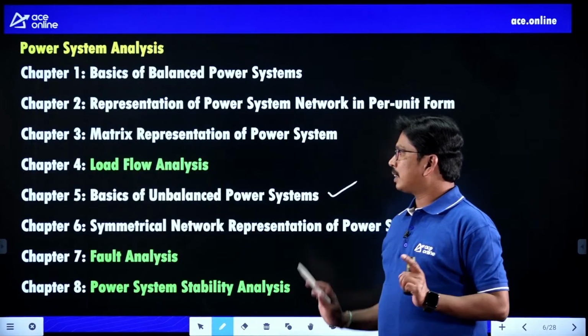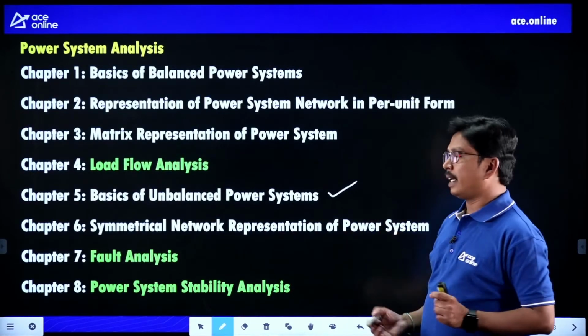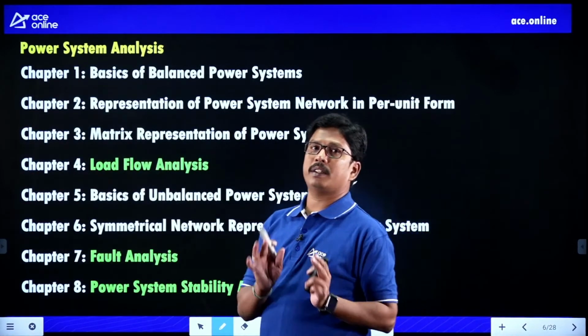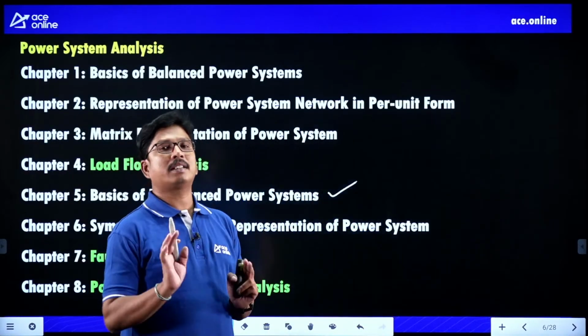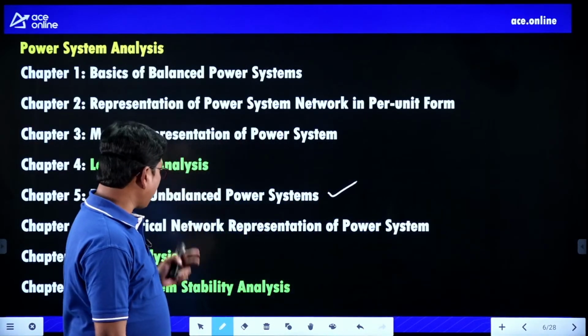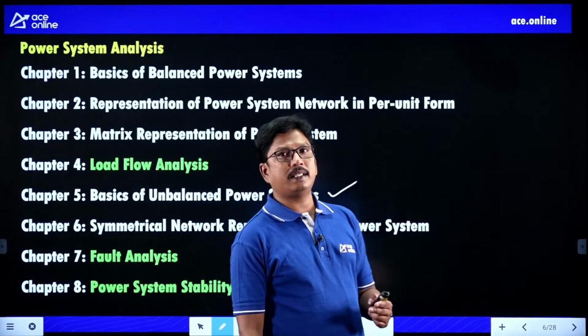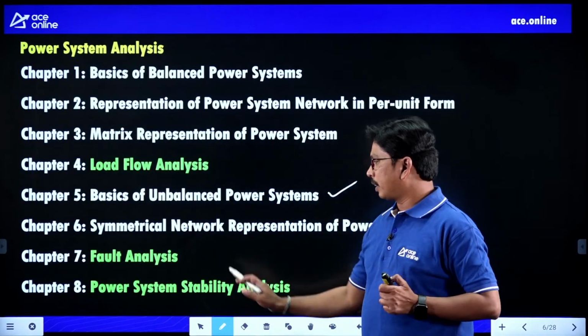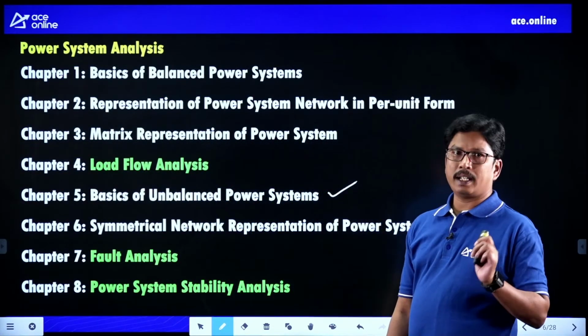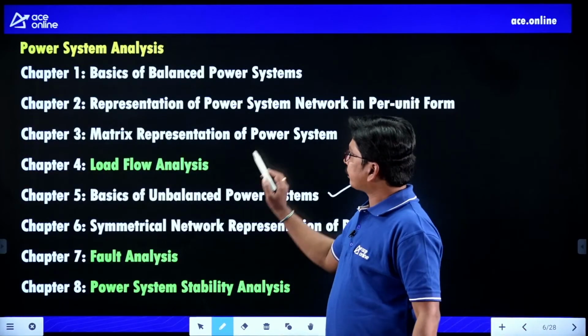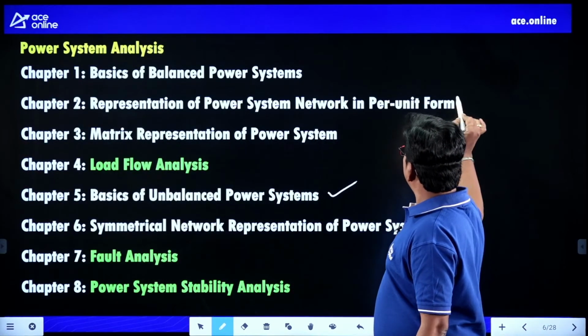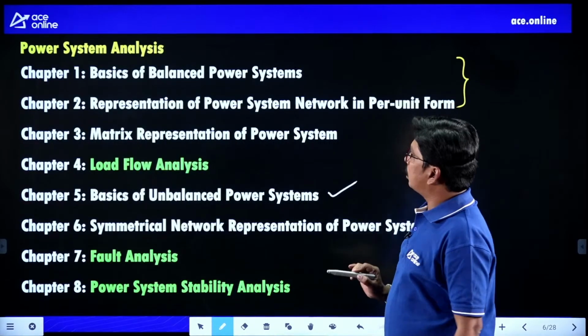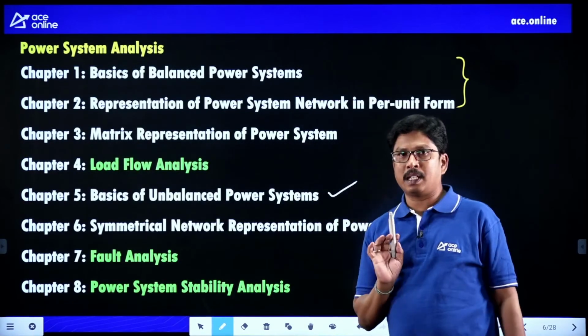After introducing symmetrical component theory, we are studying symmetrical network construction for the entire unbalanced power system network. Later on we are going for the fault analysis, and later on the power system stability analysis.